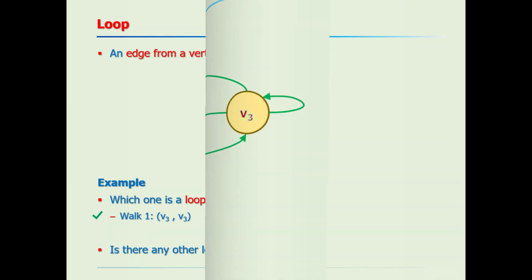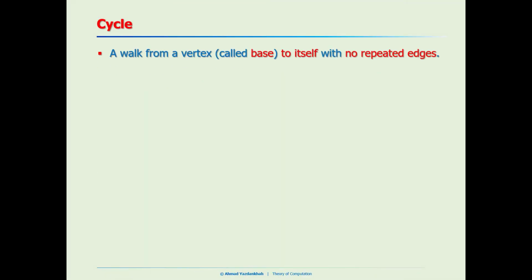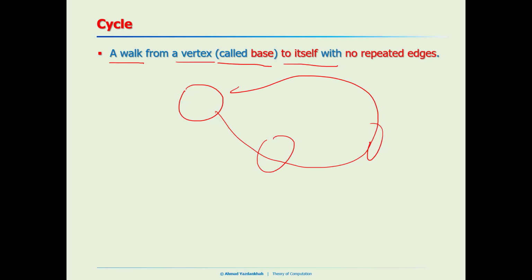How about cycle? A cycle is a walk from a vertex, where the starting point is called the base, to itself. So we start from one vertex and we should go to some other places and return back to the same vertex that we call the base.